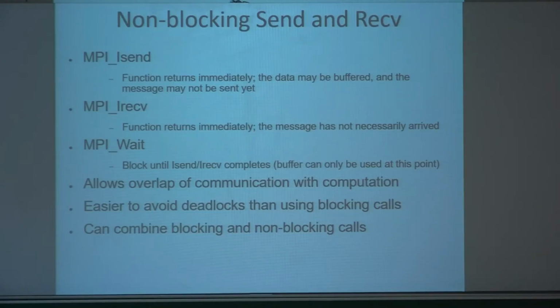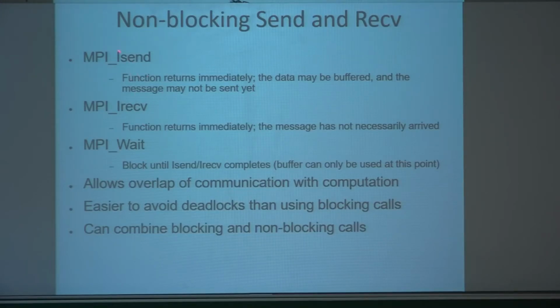MPI Irecv is similar. It says, I'm expecting a message to be sent to me, and this is where I want the message to go once I receive it. But instead of waiting for the message, this function returns immediately. You can do other things, but you can't overwrite your receive buffer, in case the message arrives before you find out and then write something to it.